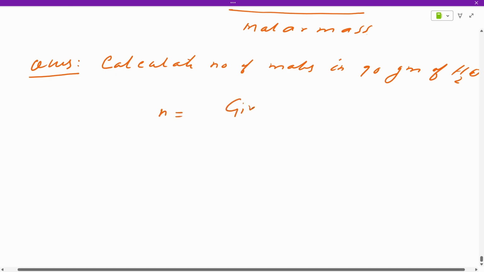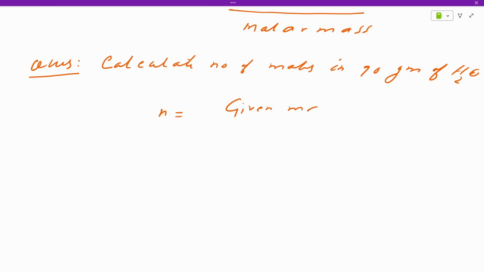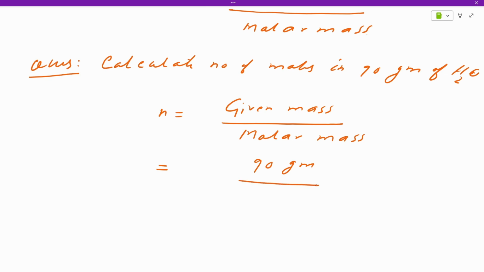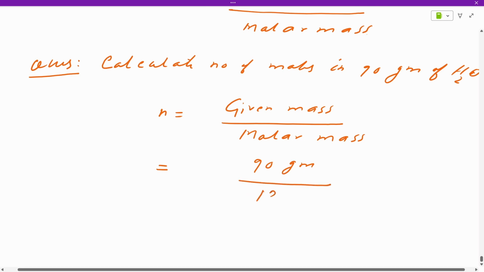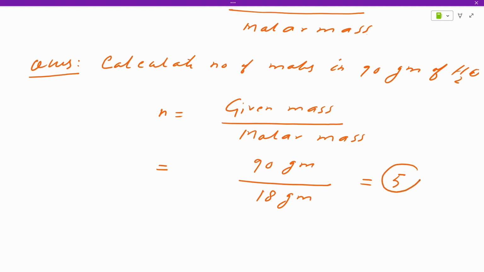Given mass upon molar mass. Given mass how much? 90 gram. And molar mass of water we have done yesterday in the previous class, that is 18 gram. So number of moles will be 5.